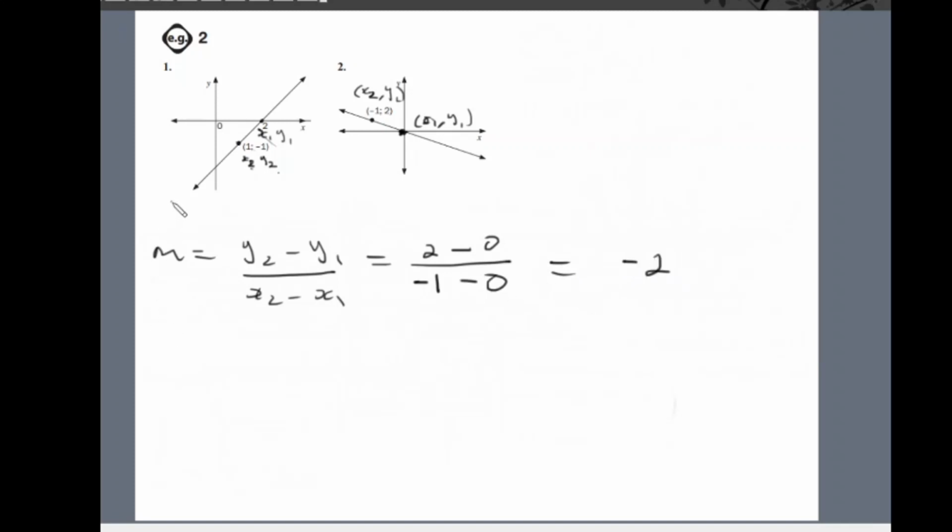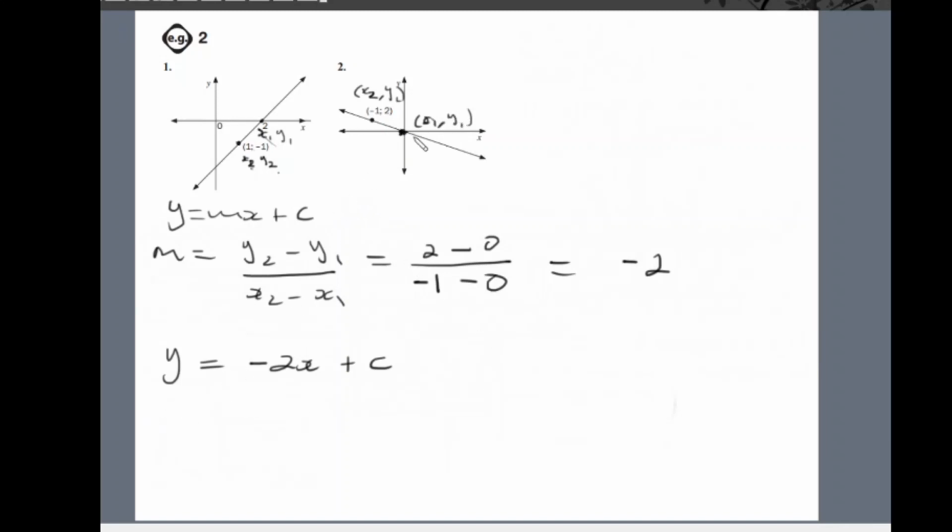So now I have the gradient, I have to substitute it in my equation. So I'll have y = minus 2x + c, right. Notice the graph cuts through the origin. So looking at the graph, already I know the value of c is 0, because that is the y-intercept, right. The graph cuts through at the origin, so the y-intercept has to be 0, right.